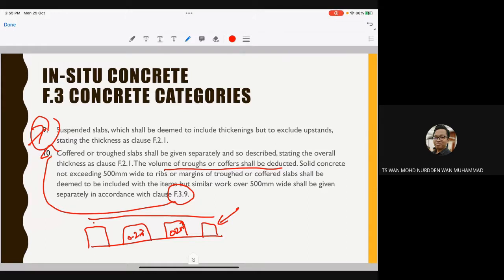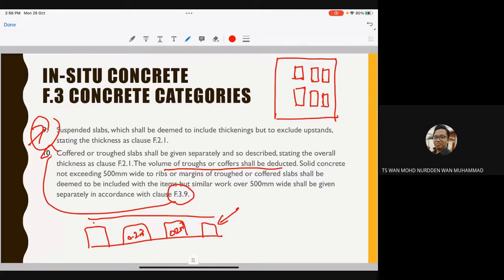Dia macam ni lah. Tengah kita ada slab, so kita ada coffer lah. Apa maksudnya di sini? Solid concrete not exceeding 500 mm wide to ribs or margin of trough slab or coffer slab shall be deemed to be included. Maksudnya termasuk sekali.